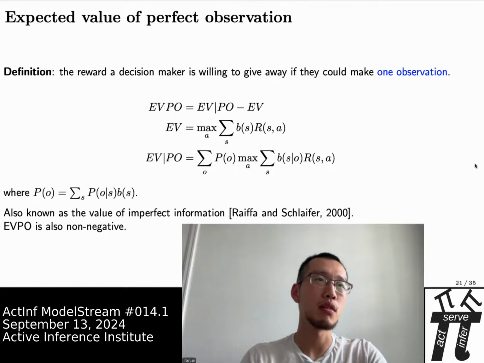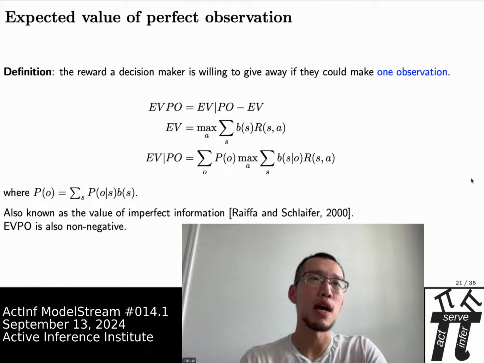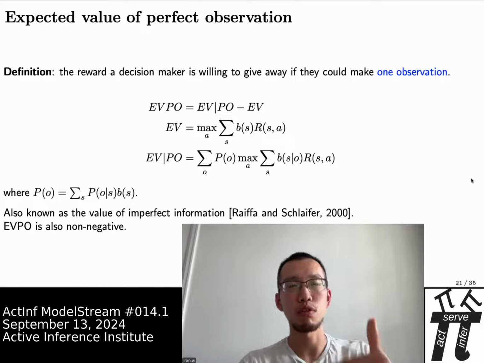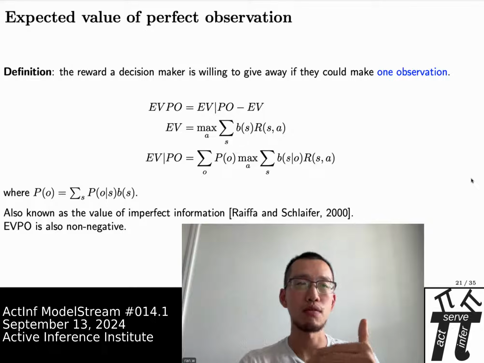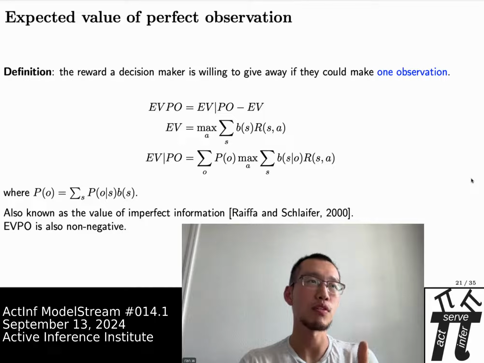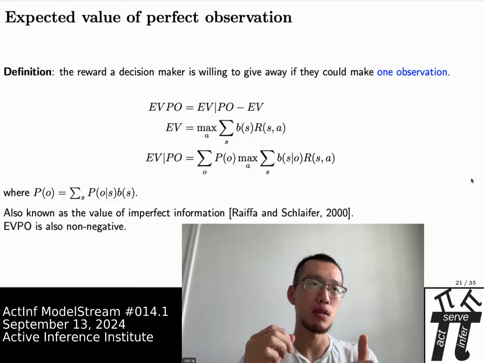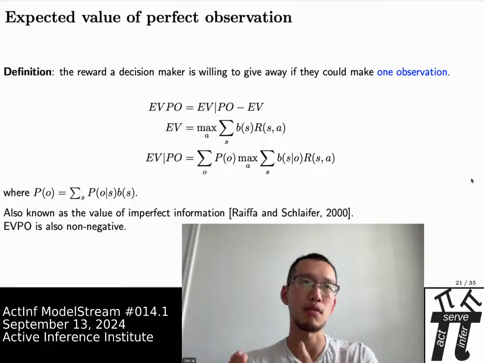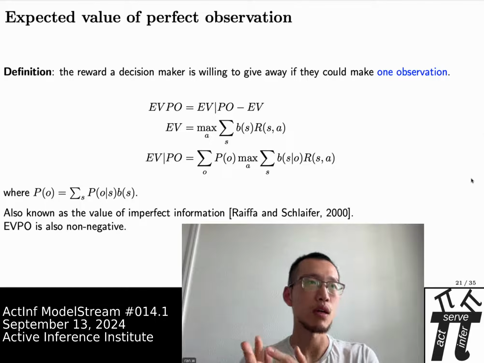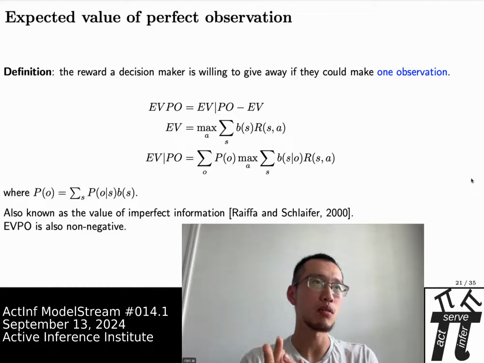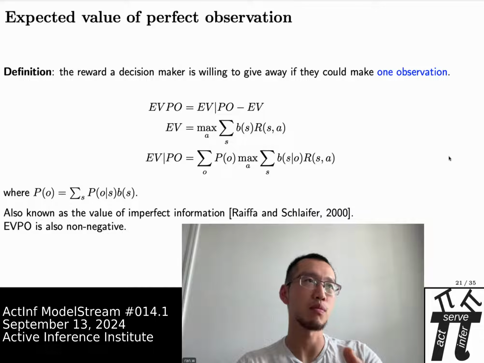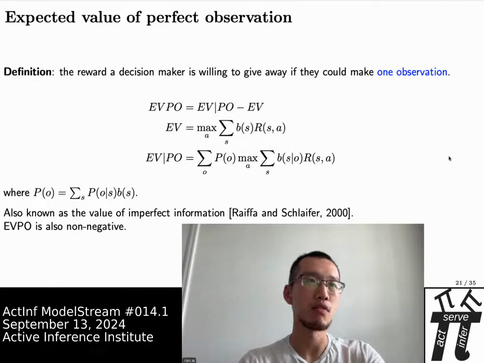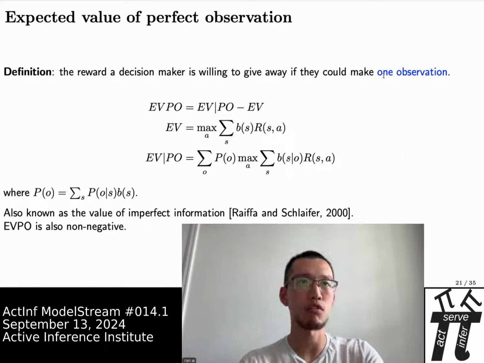But the thing about POMDPs is that in general, you cannot just provide the agent with perfect information. Usually what happens is the environment provides the agent with an observation that provides indirect information about the environment. So we need to make an extension of the expected value of perfect information for the POMDP setting. And it's very straightforward.